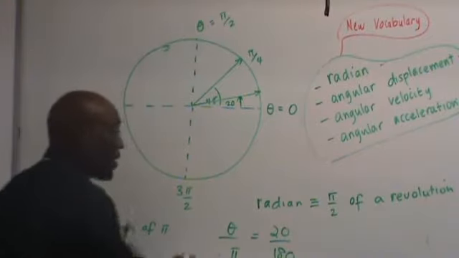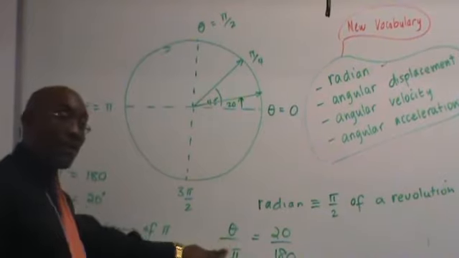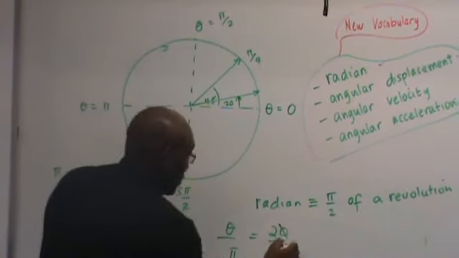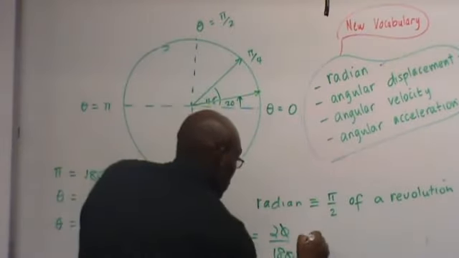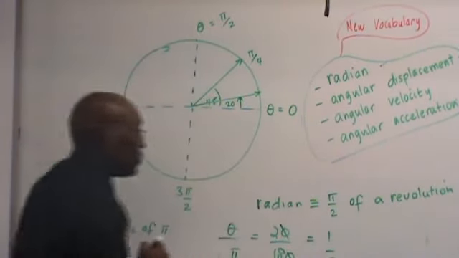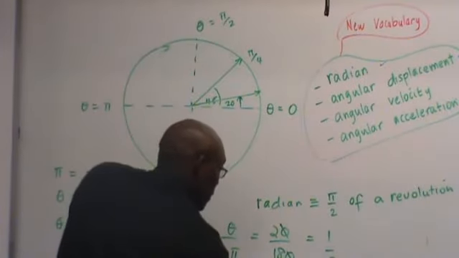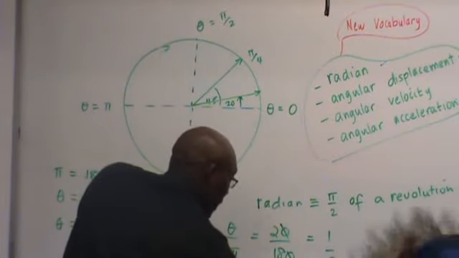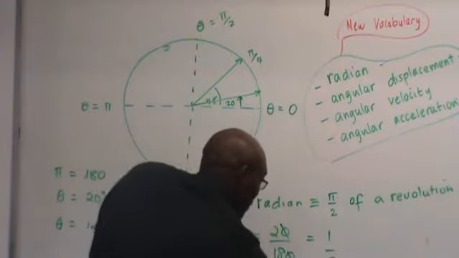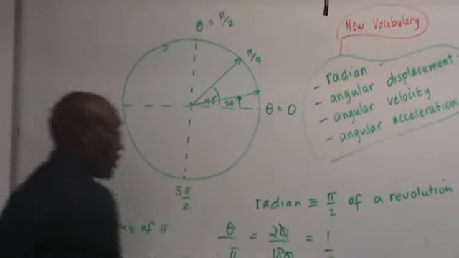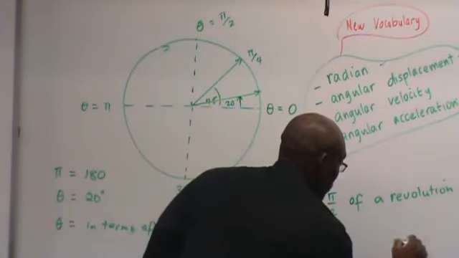So if I do my algebra, I'm trying to find an expression for theta, okay? That's going to give me 1/9, right? So that means theta is going to be 1/9 times pi, which is the same thing as pi over 9. Those of you who are doing calculus, you know how to do it.